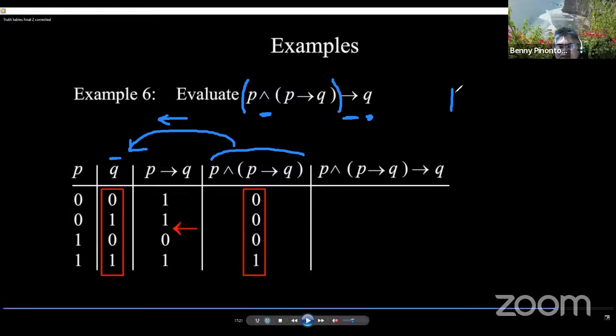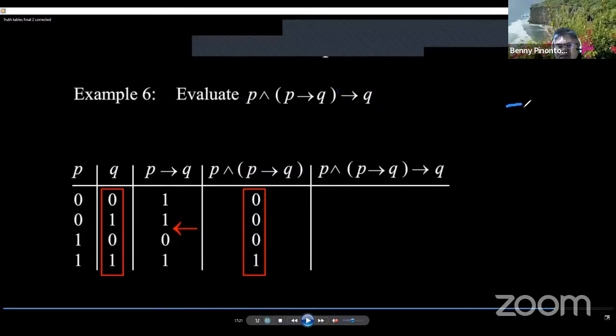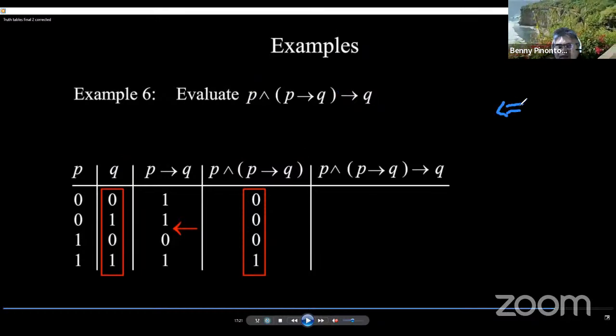So that is p implies q and q implies p. So these are not the same. Yeah, not the same. Okay. We're gonna see. I still use this the same, but it's actually this one.